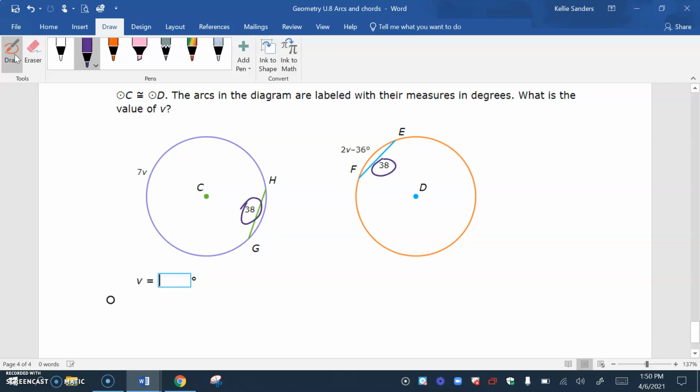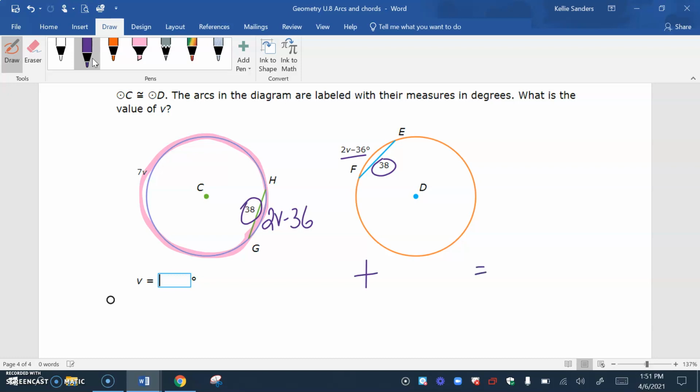Both of these are 38. So if this is 2v minus 36, then this is 2v minus 36. And that completes a full circle. If I knew how much both of those arcs were, and I added them together, what would I get? 360.